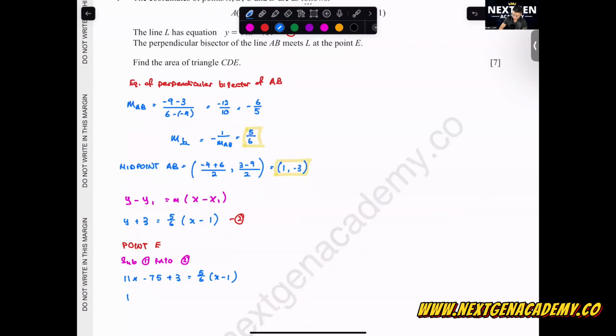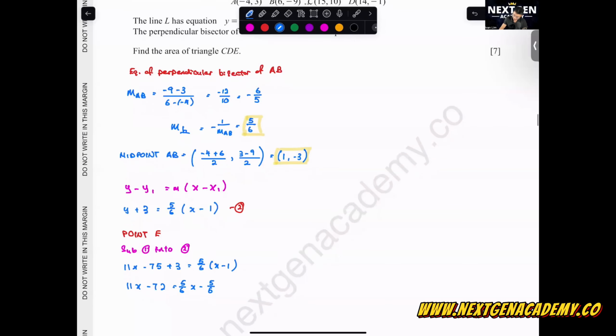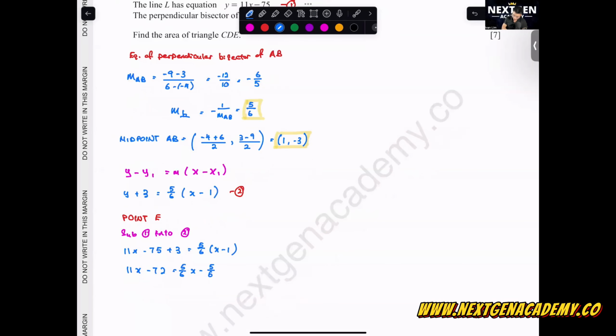Okay, let's simplify this entire thing. 11x minus 72 equals 5 over 6 x minus 5 over 6. We rearrange this. 11 minus 5 over 6, 61 over 6 x, equals minus 5 over 6 plus 72.